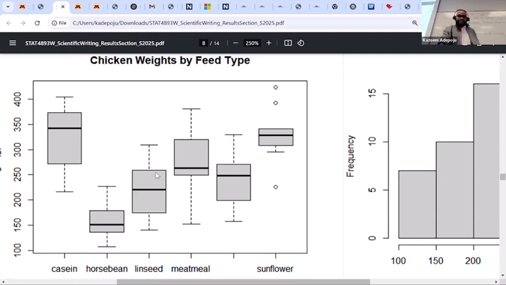If you want to talk about the mean weight, you see the solid line giving an impression that they may not be the same. It's not that they are statistically significant, but this is telling us we should conduct a test. We suspect that the means are not the same.